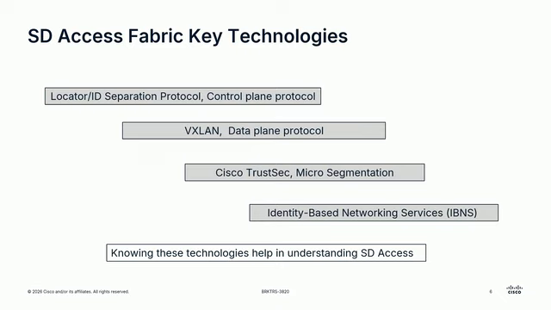And Cisco TrustSec for your micro-segmentation is also something that you might experience a lot with the endpoints. The VXLAN data plane protocol we don't have a lot of problems with. It's typically quite reliable, just forwarding traffic from A to B. And the LISP control protocol we do have a lot of issues with, but it's more complex to troubleshoot. Typically, if something's broken there, it ends up being a bug or something that's misconfigured.